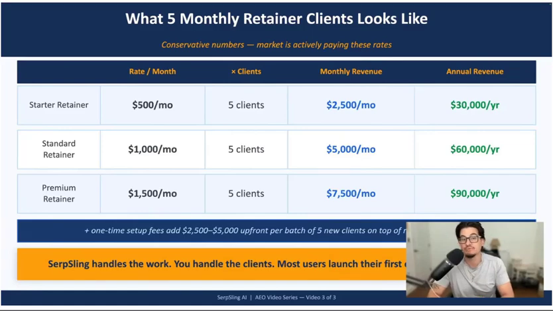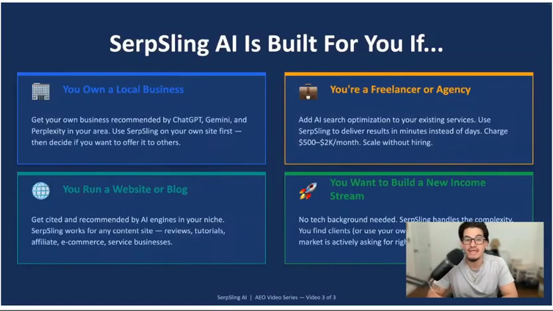And the best part is that SerpSling handles the entire thing. You just handle the client, you bring them into SerpSling, and you saw it does everything for you. So you can really turn this into a full-time agency just by starting with AEO services.